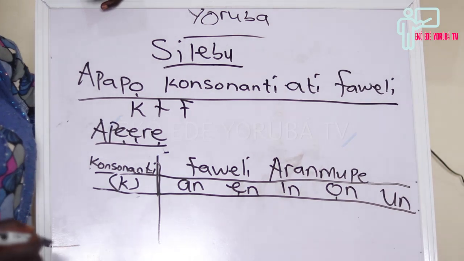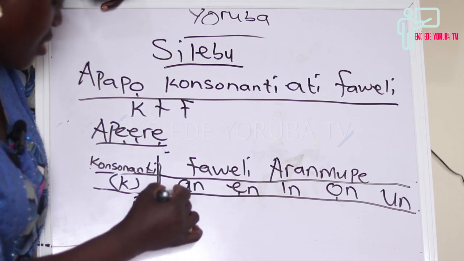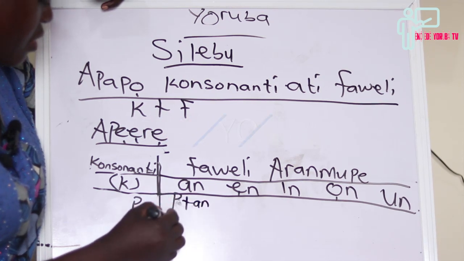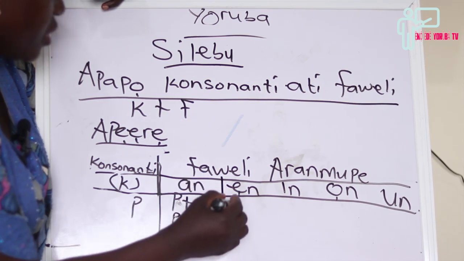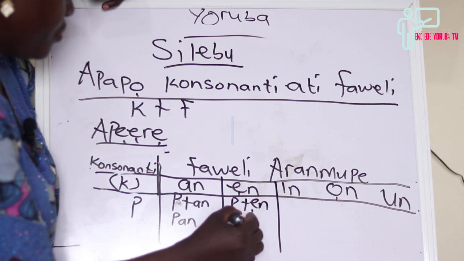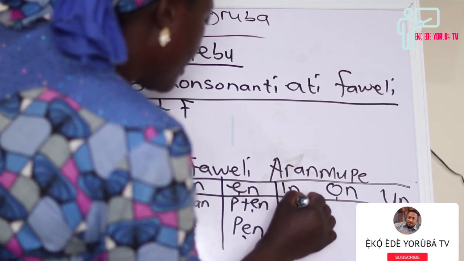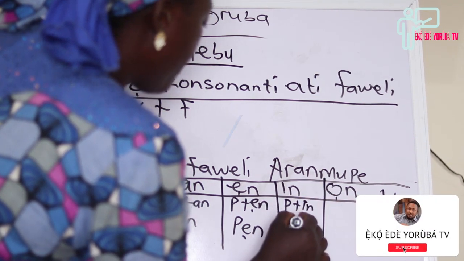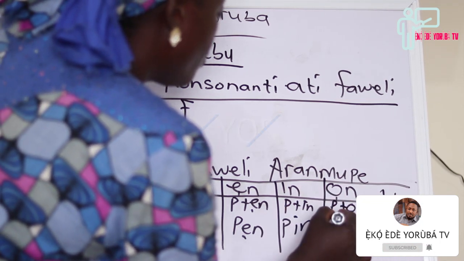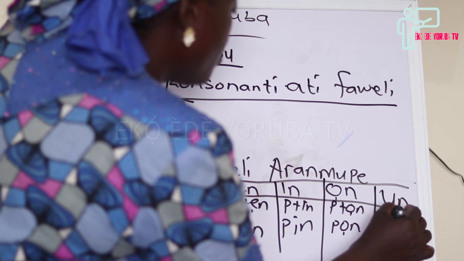Let's use P. This is P, plus N, and P plus in, P plus on, which is P.